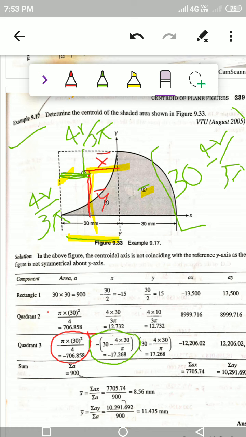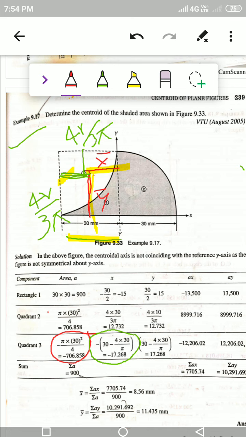So now what is y bar? The red line indicates y bar. This red line is your y bar. Whatever the 4r by 3 pi value is, that 4r by 3 pi distance is from here to here. If you get confused, just observe the tabular column for the formula. That is from the center, 4r by 3 pi is the formula.